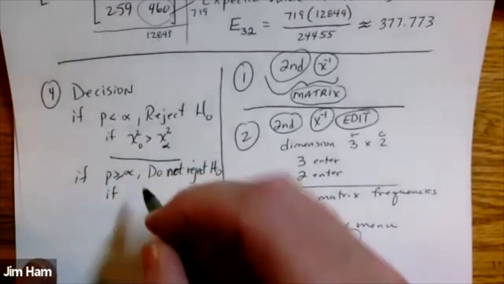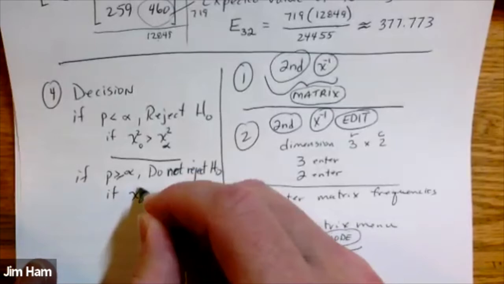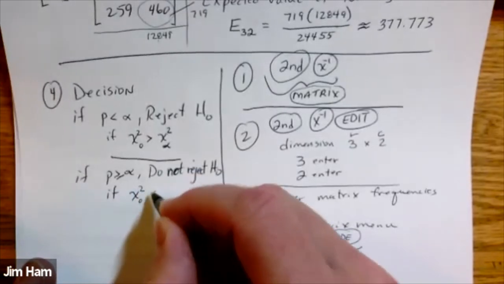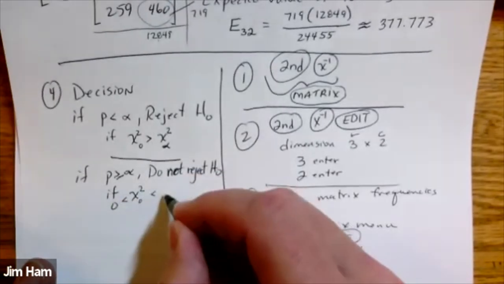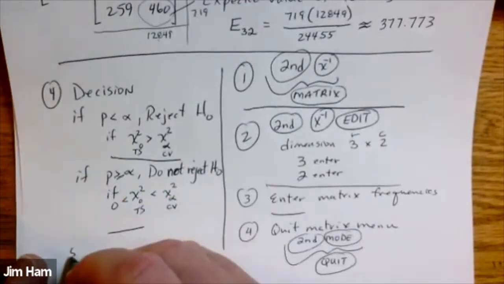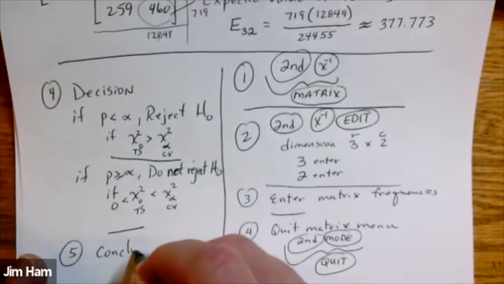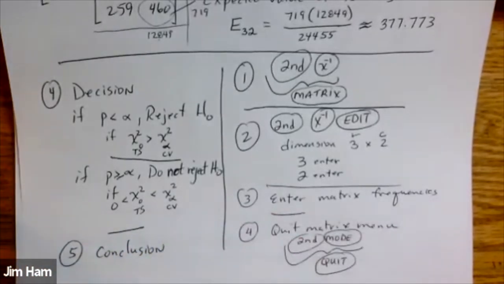On the graph, the test statistic is going to be somewhere between 0 and that critical value. And then 5 is the conclusion. So in the conclusion, the best thing that you can say is that the variables are independent or they're dependent, but you really should go on to describe the scenario and say, what are the observed differences that you noticed when you calculated the conditional proportions?